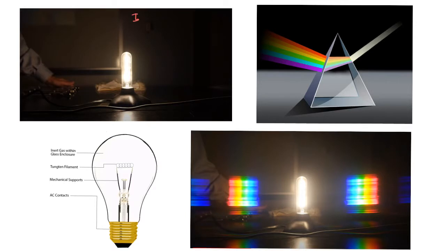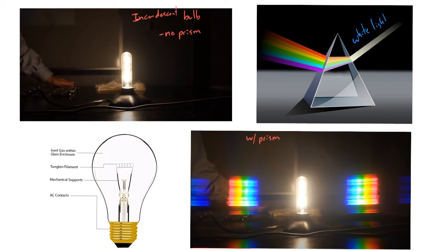So I have a few pictures here. The first picture I have up top left here is of just a regular incandescent light bulb, and we're just looking at it without any kind of a prism in front of it when the picture was taken. So regular incandescent bulb with no prism, and then down here on the bottom right I have the same bulb but with a prism in front of the camera.